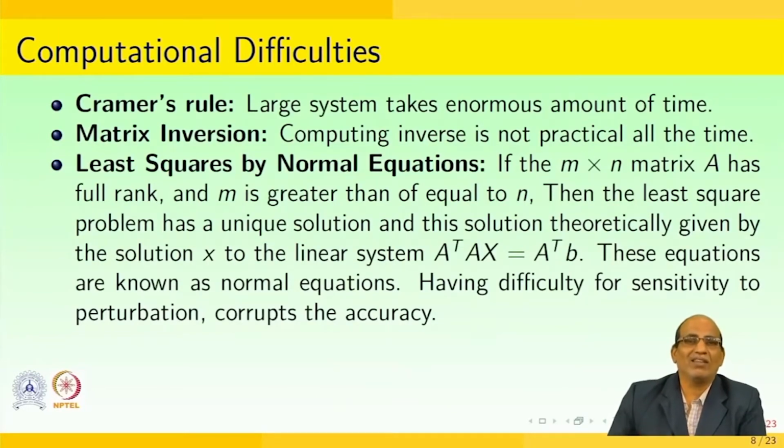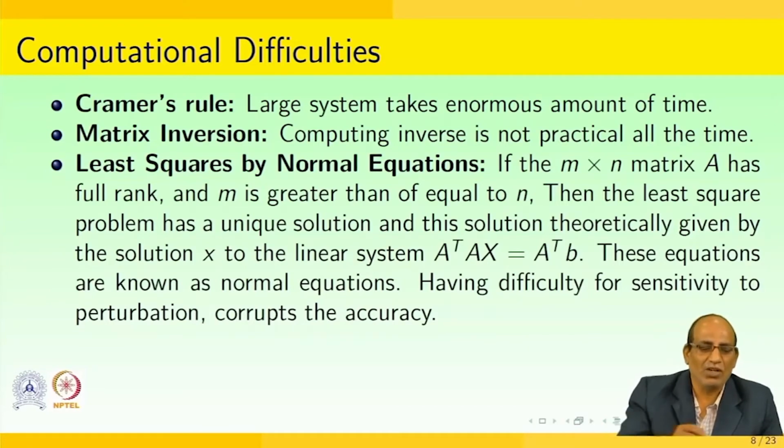Well, what are the computational difficulties you can see from these methods? There are many difficulties. So why do you want to go to these very difficult methods instead of the regular methods? We will see what the problems are with the regular methods. The first one is Cramer's rule. A large system takes an enormous amount of time.